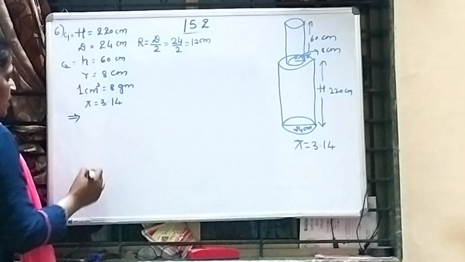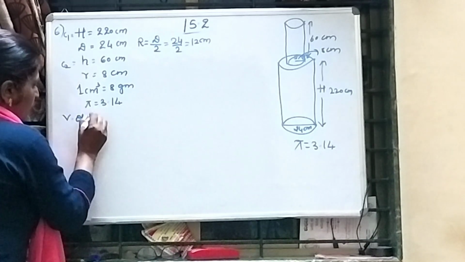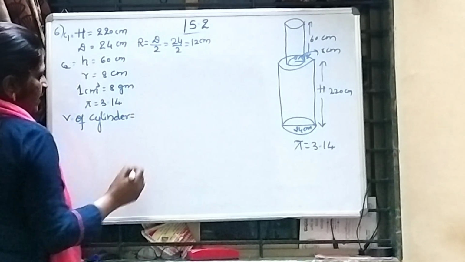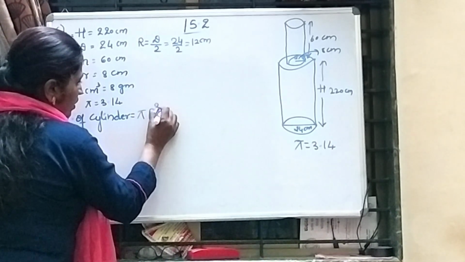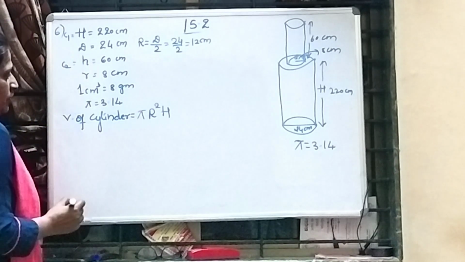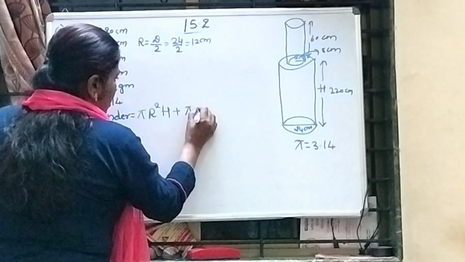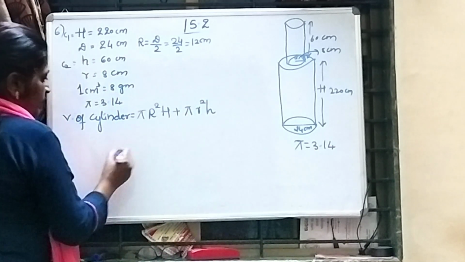Now we find the volume of both the cylindrical pillars. Volume of cylinders: the first one is pi capital R square capital H, for the second, plus pi small r square small h, as you use it daily.